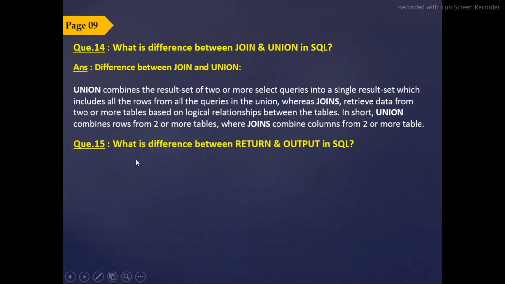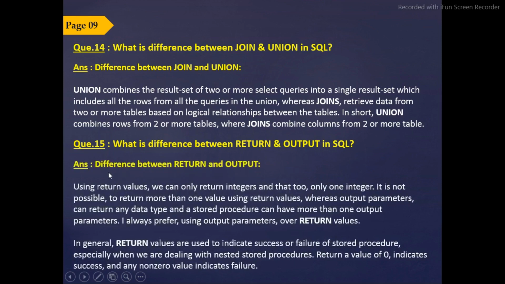Next question is, what is the difference between return and output in SQL? This is important question. The answer is, using return values, we can only return integer, and that too only one integer. It is not possible to return more than one value using return values, whereas output parameters can return any data type and a store procedure can have more than one output parameters.